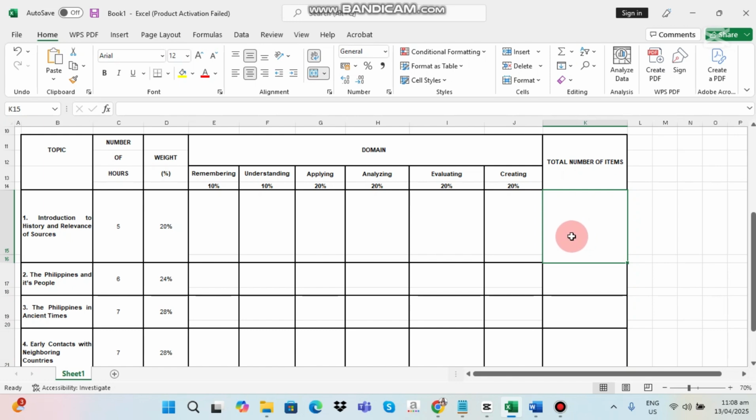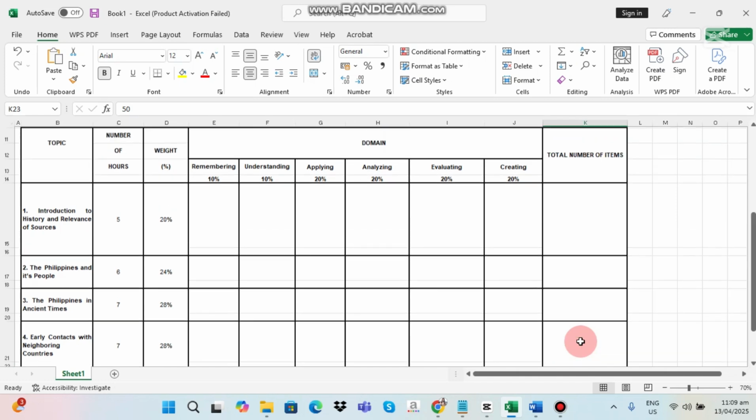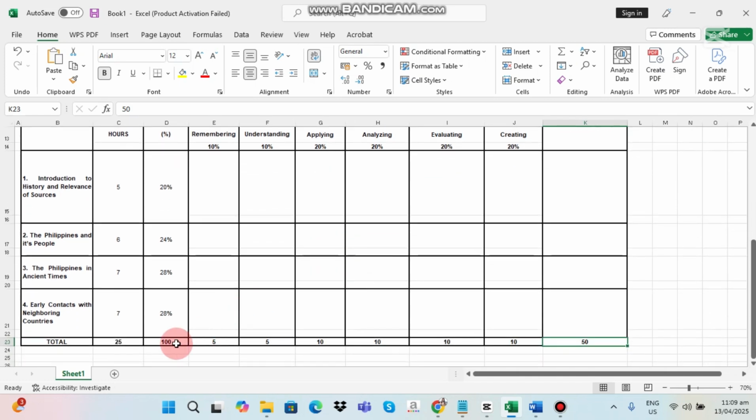It's very simple. Since you have the weight percentage in every topic, what we are going to do is multiply the weight percentage of every topic with the total number of items, which is 50, and then divide it by 100.